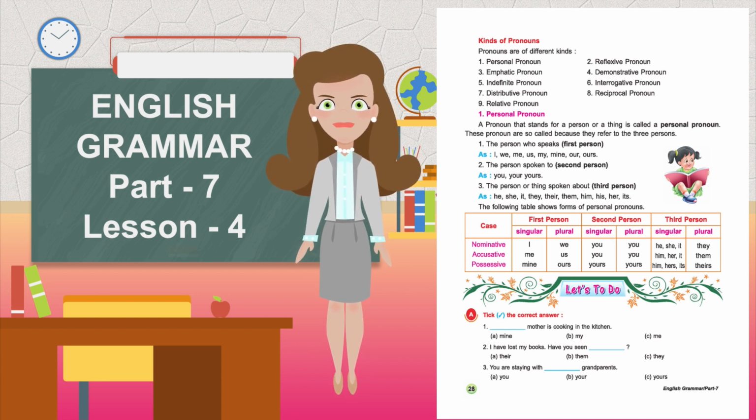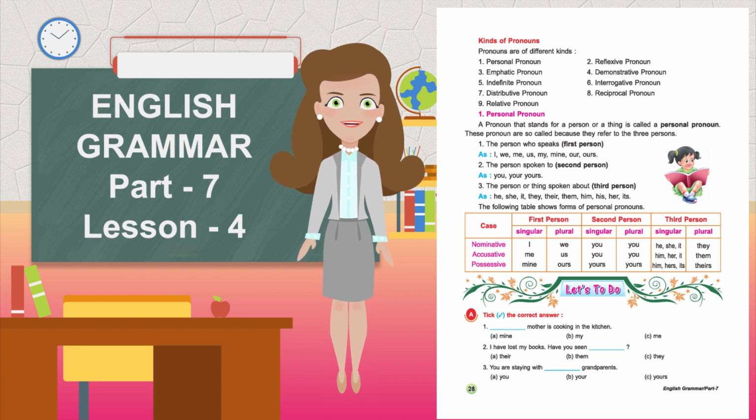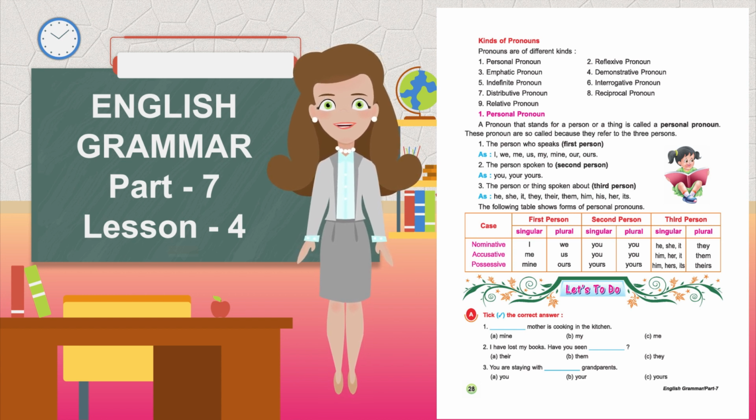Case: nominative. First person singular I, plural we. Second person singular you, plural you. Third person singular he, she, it, plural they. Case: accusative. First person singular me, plural us.